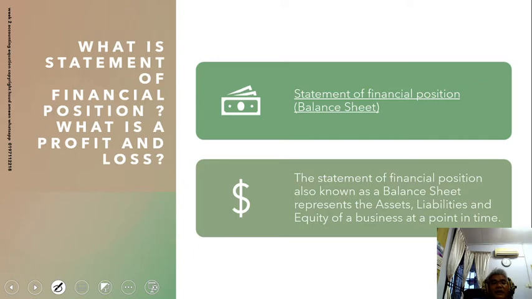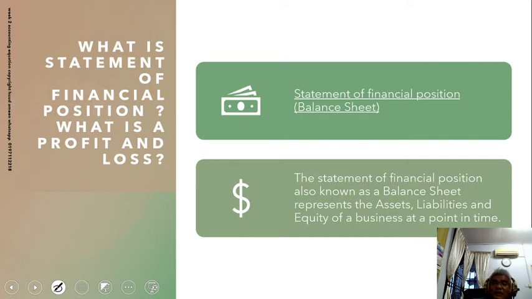So what is a statement of financial position, and what is profit and loss? I will give you the meaning of financial position or balance sheet. The statement of financial position is also known as a balance sheet.